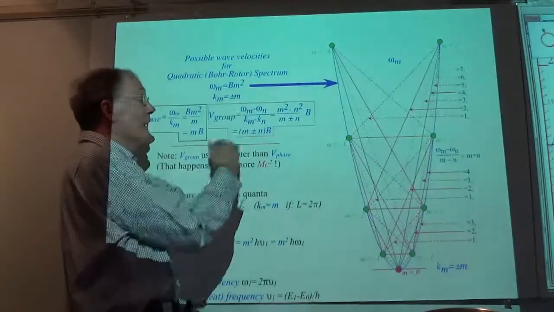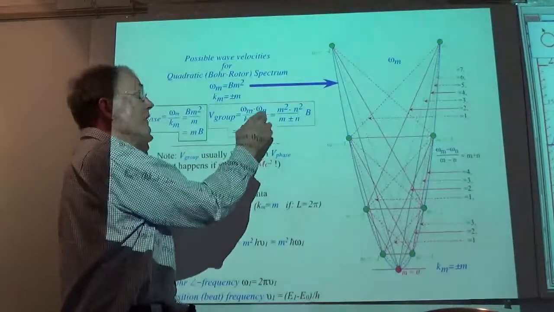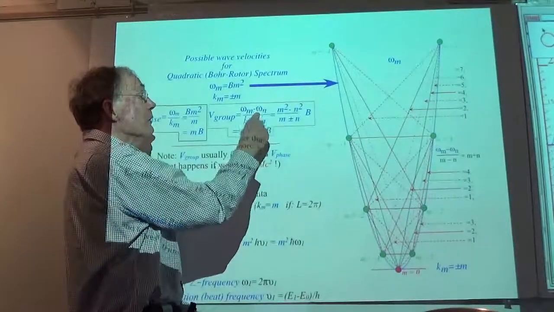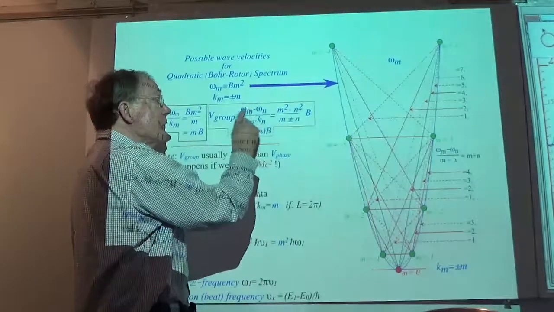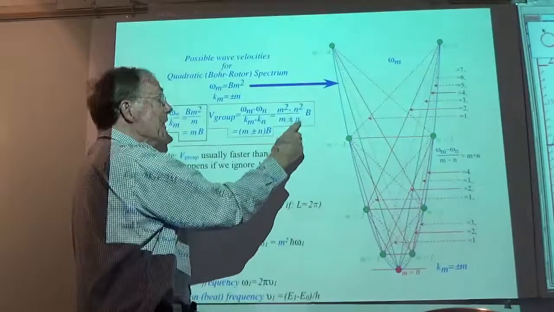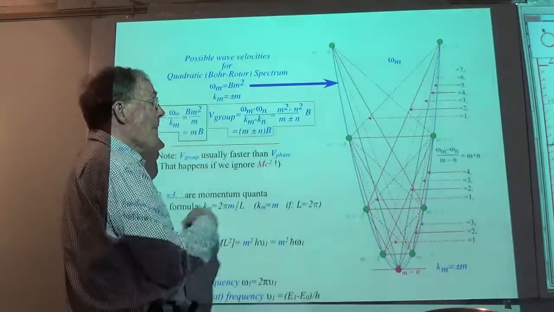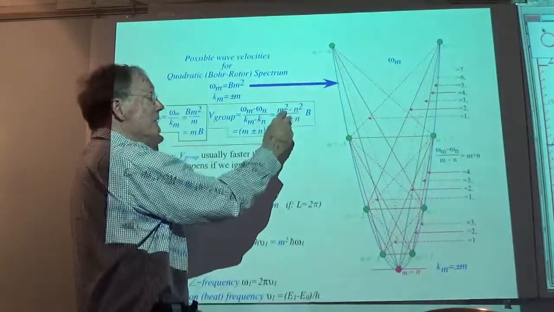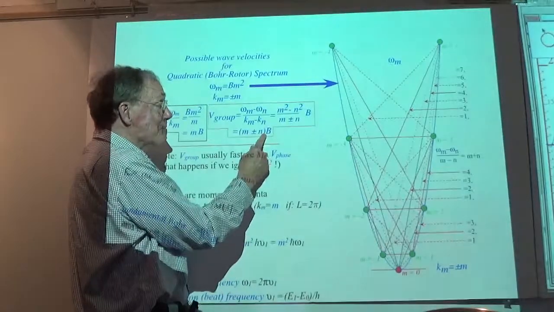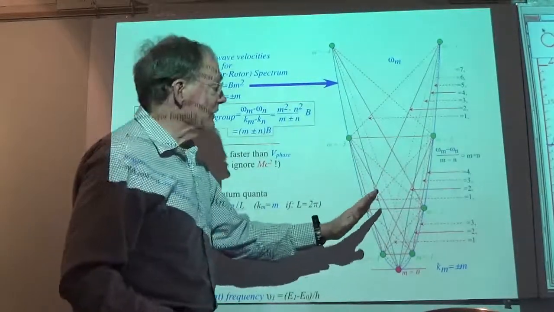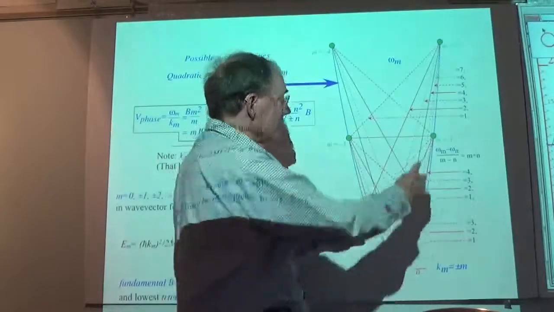In this paper we're talking about half differences of both of these, so the 2's cancel. I'm left here with m squared minus n squared divided by m plus or minus n. And that just comes out to be m plus or minus n. So there are the group velocities. There are the slopes of all of the connectors.